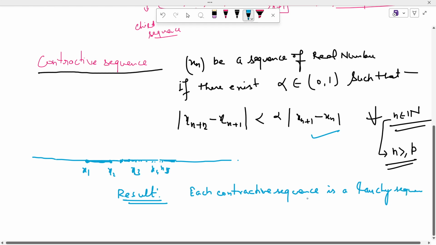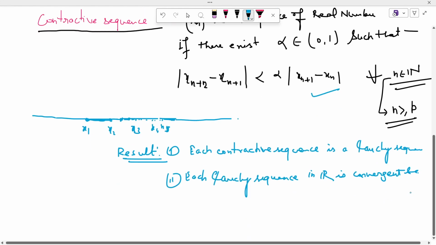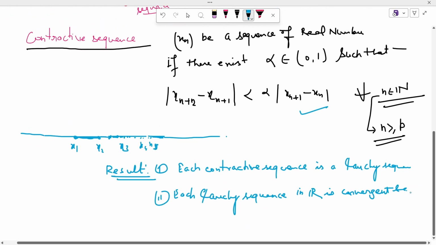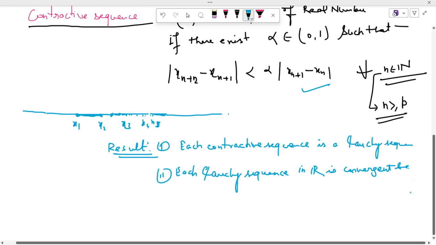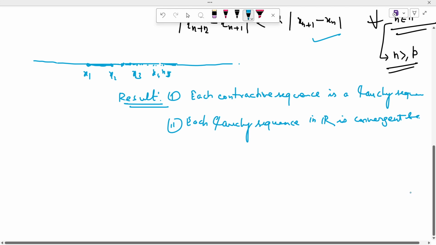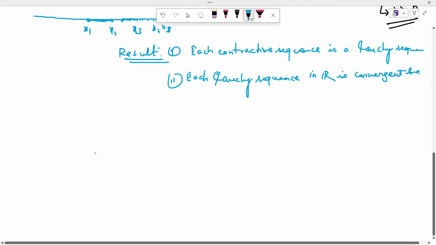And each Cauchy sequence in R is a convergent sequence. So if we are able to prove that it is a contractive sequence, then it is a Cauchy sequence and it is a convergent sequence. So come to the question right now.